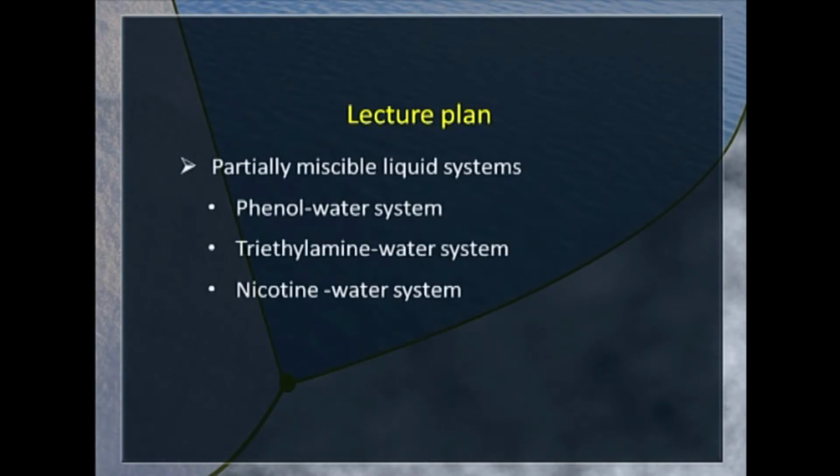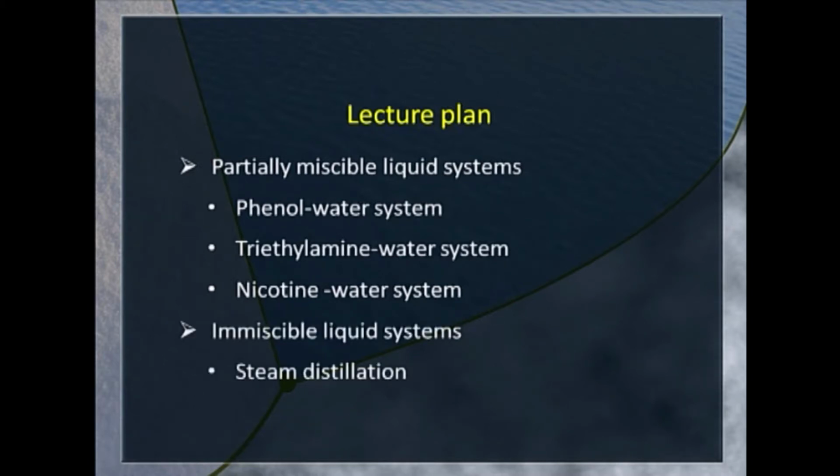Then we'll take partially miscible liquid systems. Three good examples are there: Phenol-Water System, Trimethylamine-Water System, Nicotine-Water System. And lastly, we look at immiscible liquid systems to explain one interesting distillation process called steam distillation.